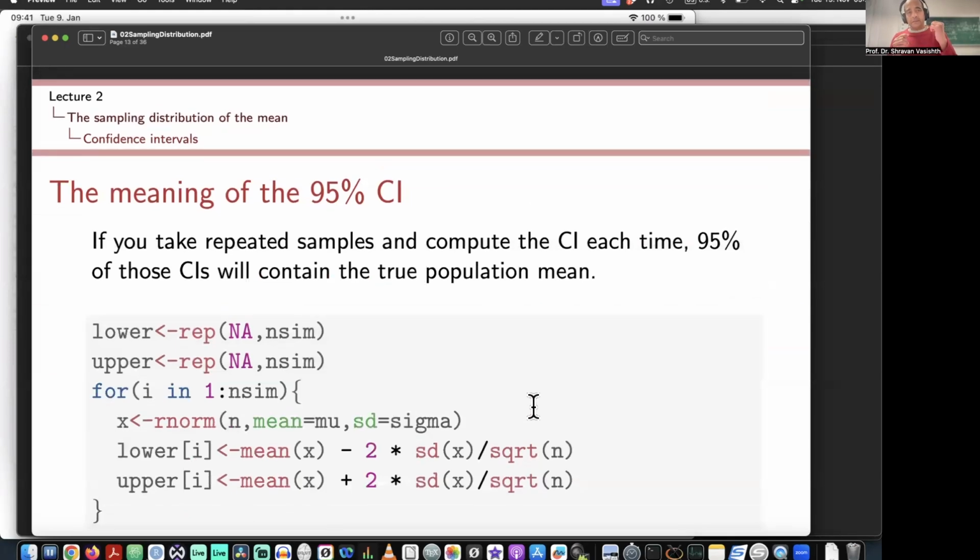And let's say I store all those repeatedly computed confidence intervals in a matrix, right, in a data frame or something. 95% of those confidence intervals that were computed under hypothetical repeated sampling would contain the true mean, the true mu of the underlying distribution that produced the data.